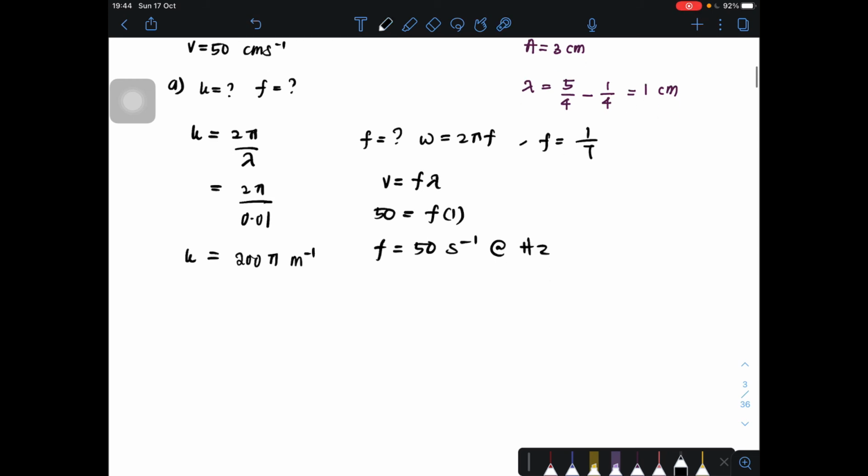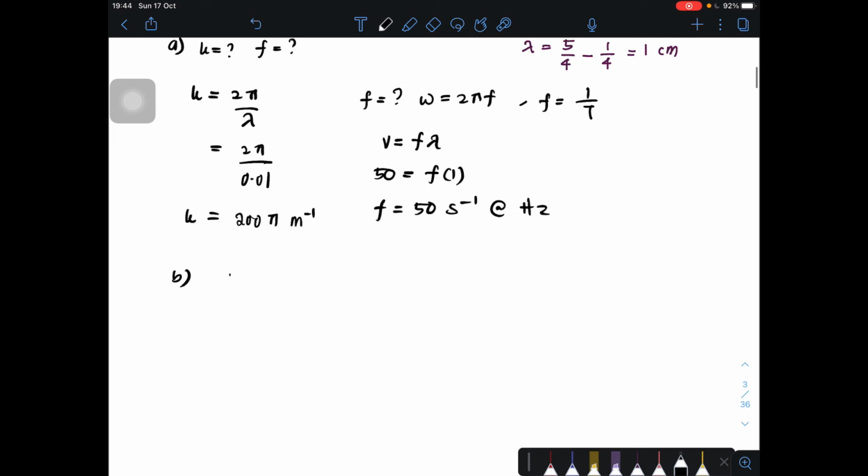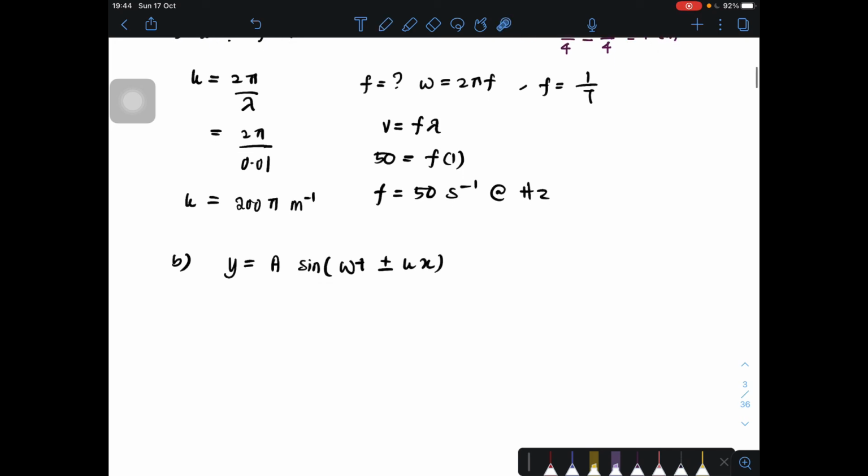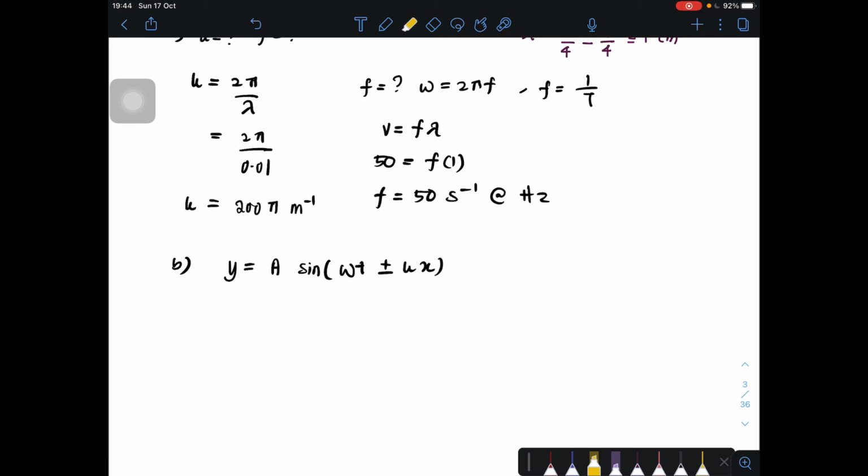So now let's write out the original equation, which is y equals A sin(omega t plus or minus kx). So what information do we need to put into the equation? First is the value for amplitude, omega, and also wave number. And here we have to determine whether it is positive or negative.